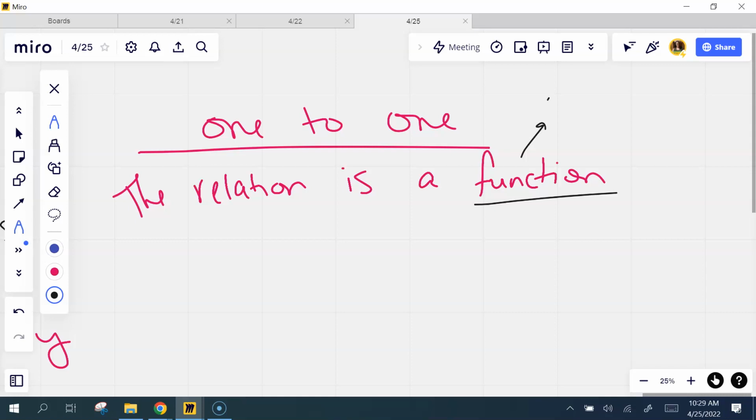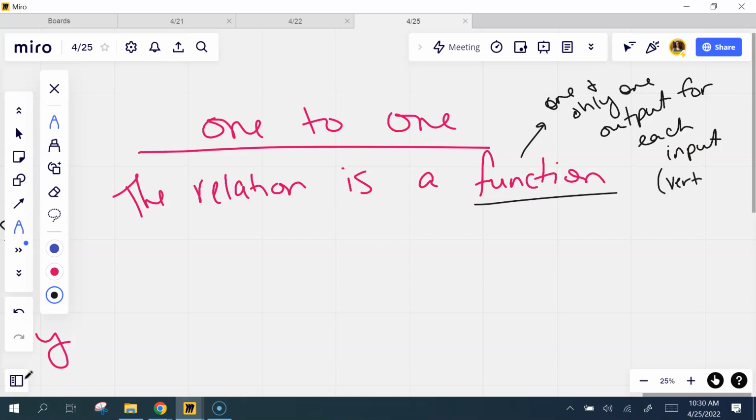Nobody remembers? One and only one output for each input. In other words, every x can only have one y that goes with it. We talked about the vertical line test here. Do y'all remember all this? Vertical line test, to see if it's actually a function.